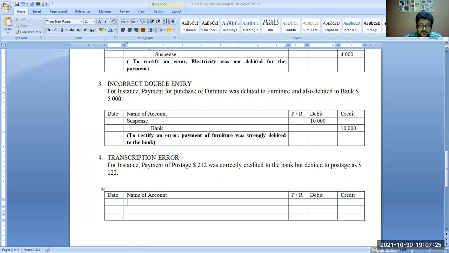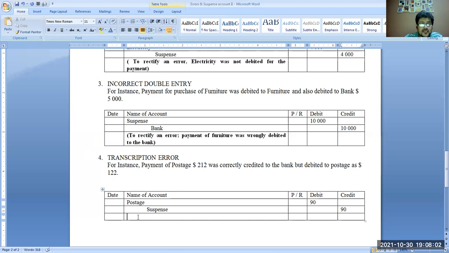See, 212 minus 122 is 90. Postage was undercast by 90 due to this transposition. It is taking the form of a casting error. Right? But this is a transposition error. So what we have to do, we have to debit postage by 90 and we have to credit suspense account by $90.